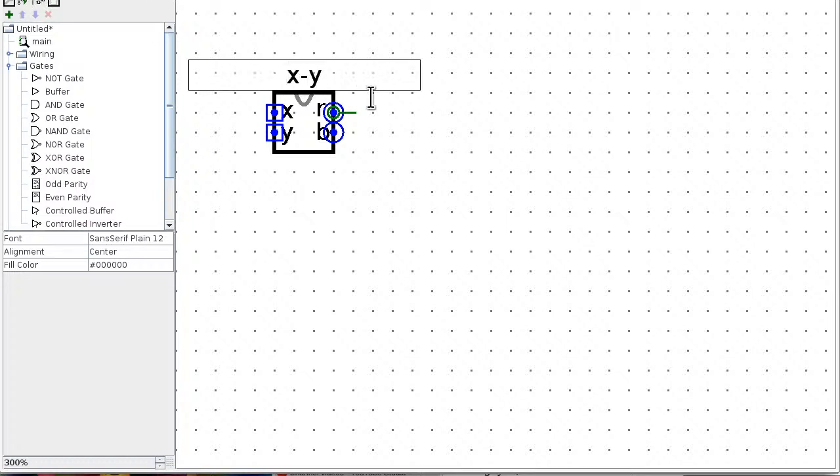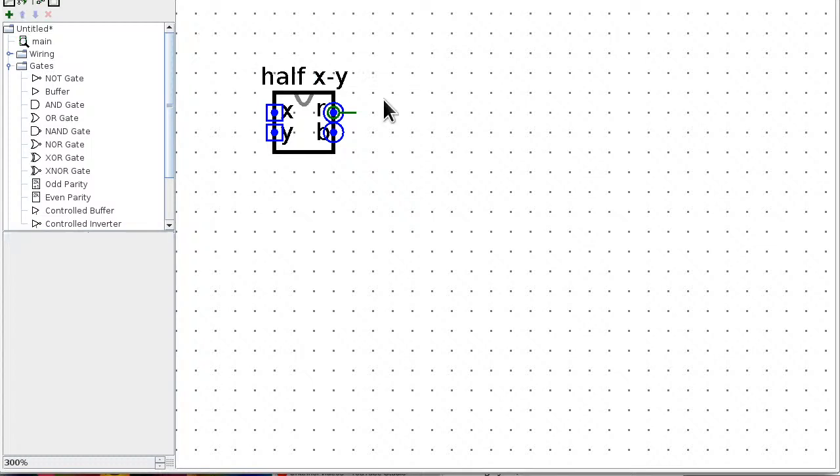So we can say half of x minus y, which is a half subtractor. Or you can say half over here. Whatever you do, it's fine. It's just documentation so that we can look at the packaging and know what the gate is supposed to do.